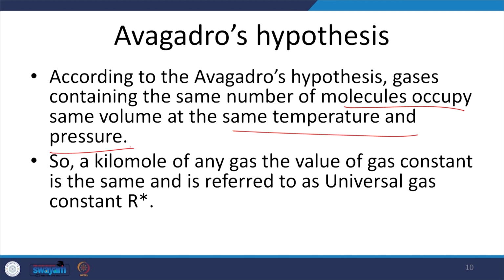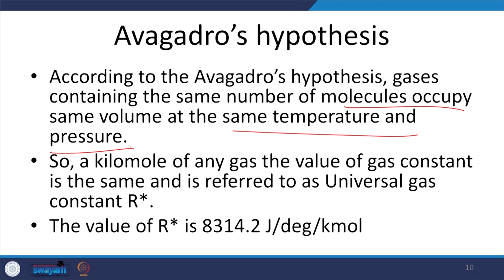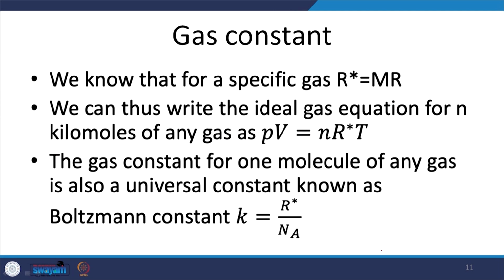Now you define another gas constant, so that means that for a kilomole of any gas, the value of the gas constant will be the same. So here R star is called the universal gas constant. Universal gas constant is 8314.2 joule per degree per kilomole. So we know that for a specific gas, the gas constant can be defined again from R star equals M times R, right.